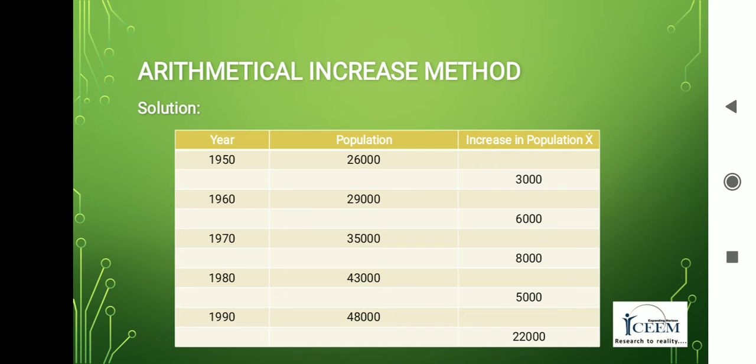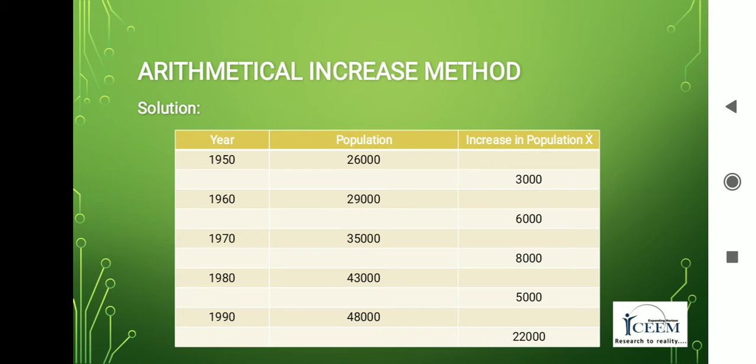From 1950 to 1960 there is a 3,000 increase in the population, calculated from 29,000 minus 26,000. In the next decade, 35,000 minus 29,000, that is 6,000 increase in the population.